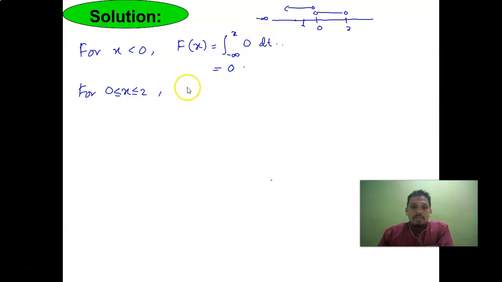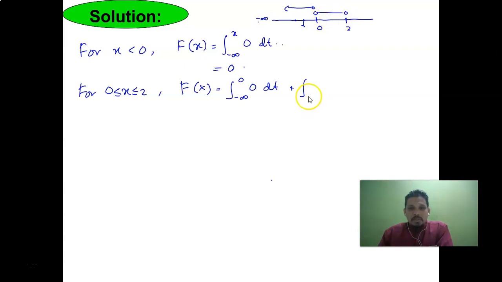And then for this one, F(x) equal to the integral from negative infinity until 0 of the function 0 dt, plus the integral from 0 until any value of x between 0 until 2. So just imagine that x is in between 0 until 2 anywhere.